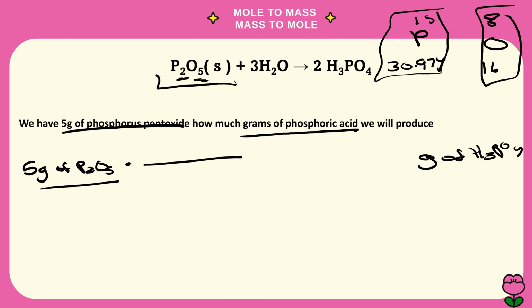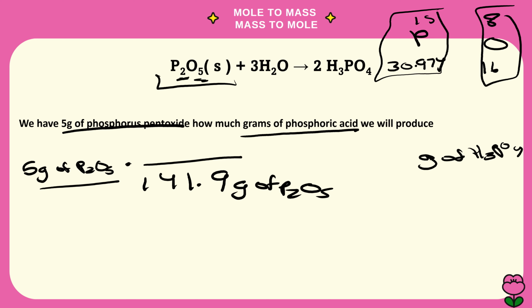Using my calculator, 30.974, the atomic mass of phosphorus, times 2, plus oxygen, 16 times 5, gives us 141.9 grams of phosphorus pentoxide.